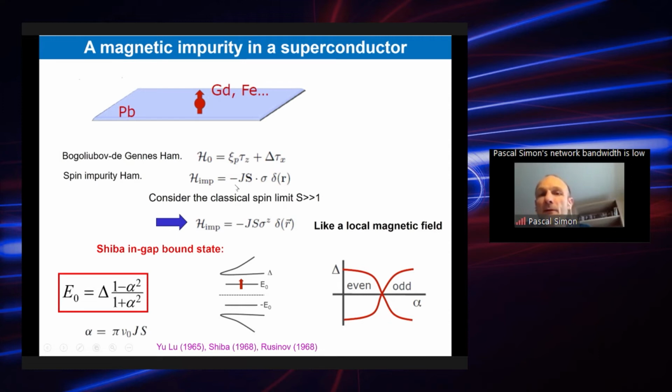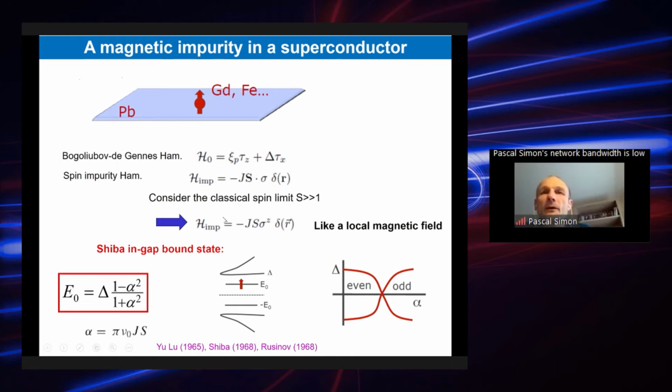This is an easily solvable problem, and you find the bound states, called Shiba bound states, which have some electron and hole components of the wave functions. For alpha, which is a dimensionless parameter, the density of states times J times S, being 1, you have a finite crossing, and the ground state switches from even to odd.